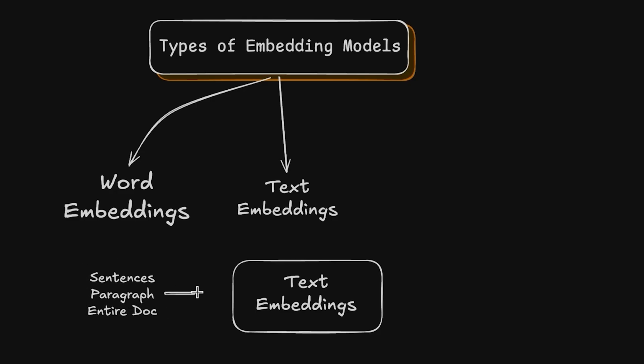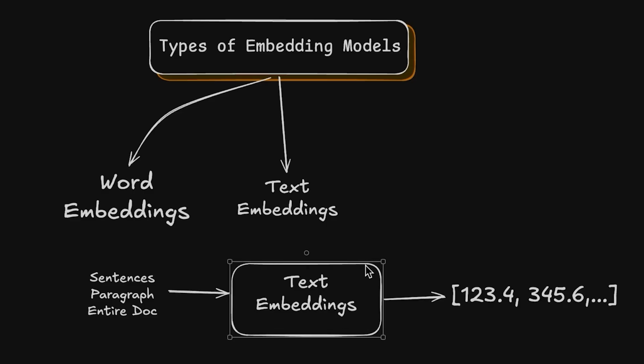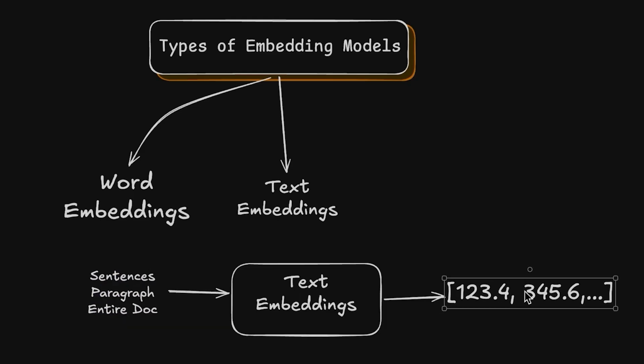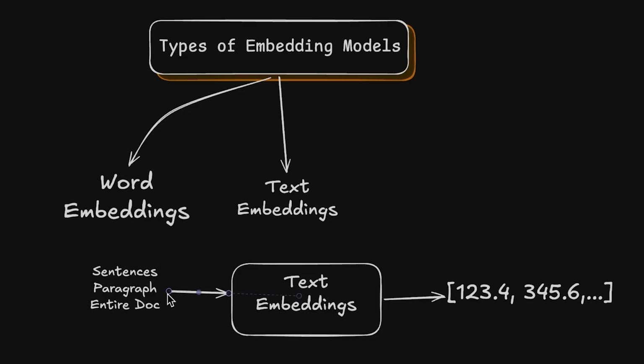And it converts these sentences, paragraphs, or entire documents into vector embeddings. The main advantage is that since we can embed the entire sentence, paragraph, or document, you can compare two sentences with each other, compare two paragraphs, or even compare the entire document with a search query. That's the main power of text embeddings.